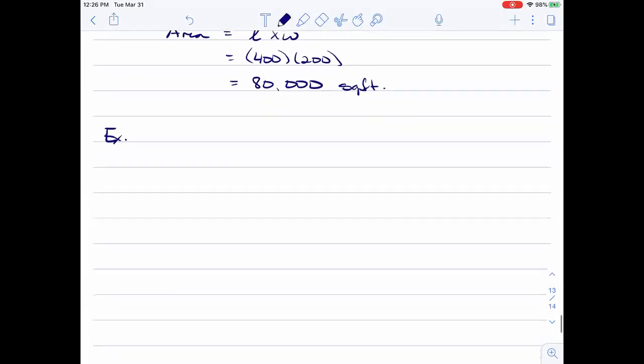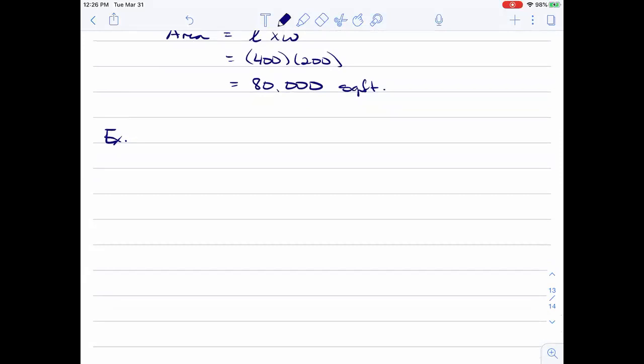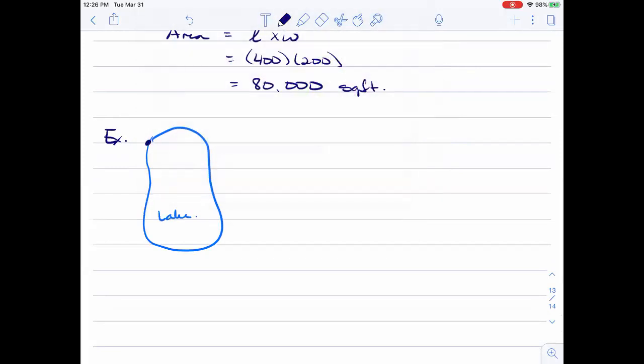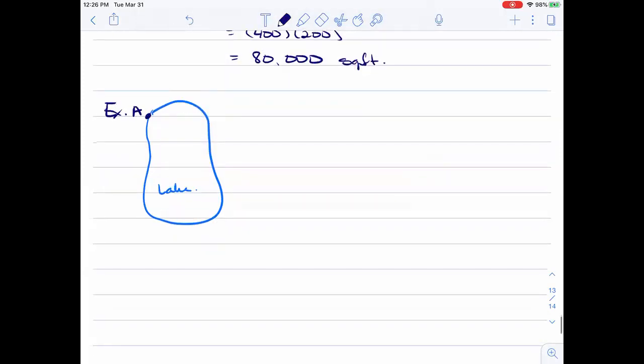So, example: if we're on a lake, so here we've got this body of water, and I want to get from point A to point B. Okay.